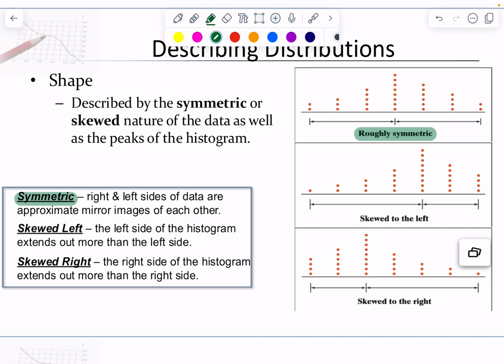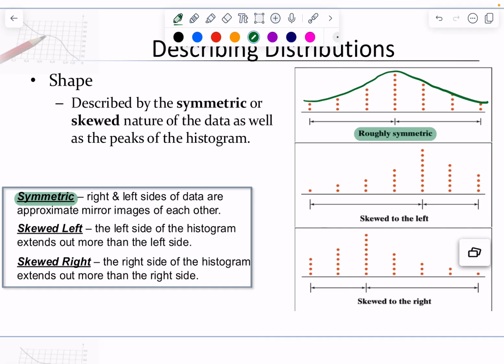As I split the graph in half, we can see that the left side and right side are approximately identical. As we're looking at that top graph, we see that one peak alone in the middle. If we were to draw a smooth curve to approximate it, that smooth curve would be fairly symmetric on the left and the right side.